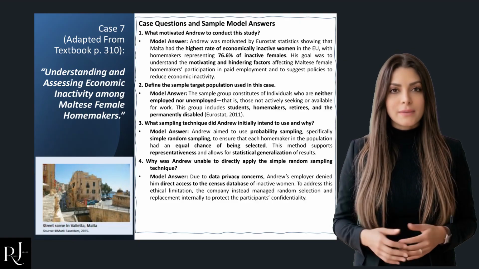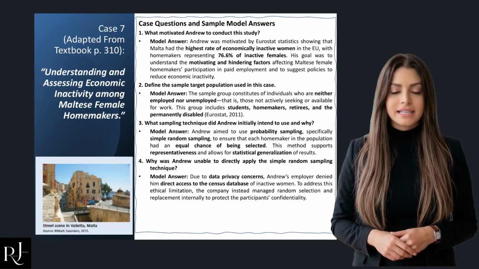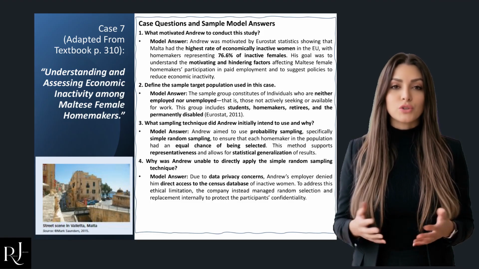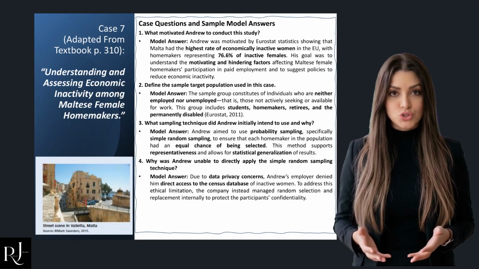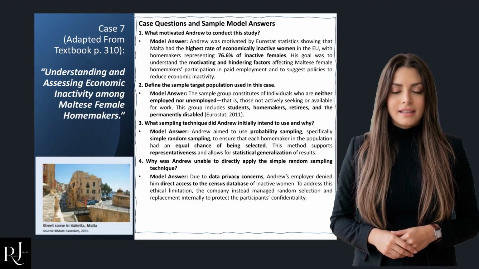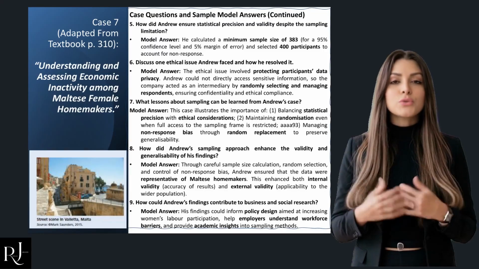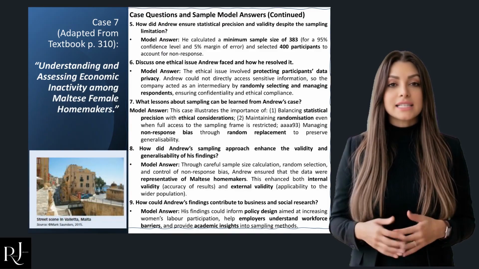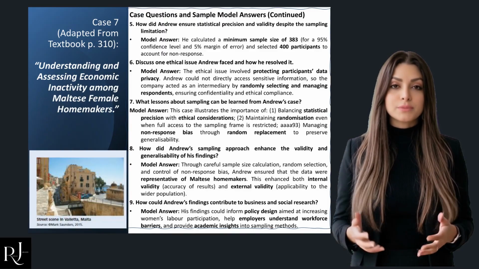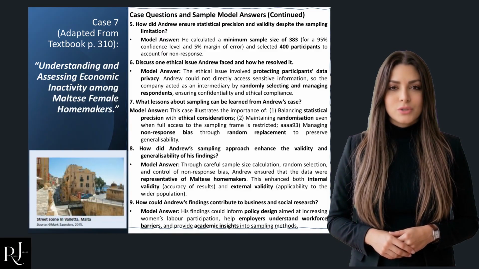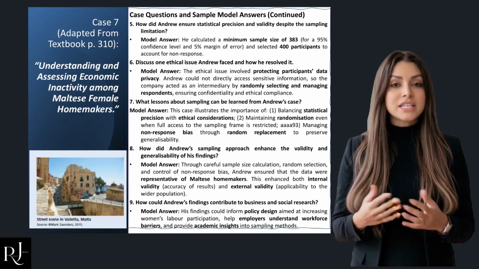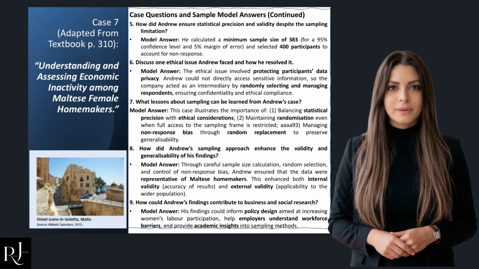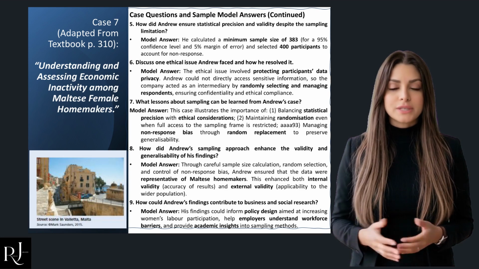This is a classic example of how ethical and legal limitations in the real world can force a researcher to adapt their sampling strategy. Andrew ensured precision by calculating a statistically significant sample size and selecting 400 participants to account for potential non-response. The ethical issue of data privacy was resolved by using his company as an intermediary.